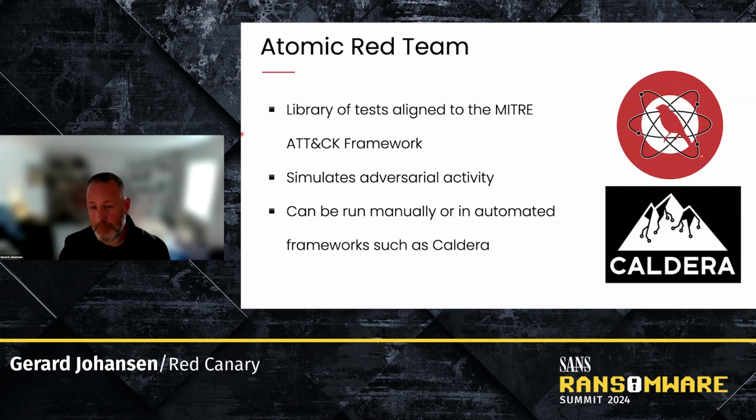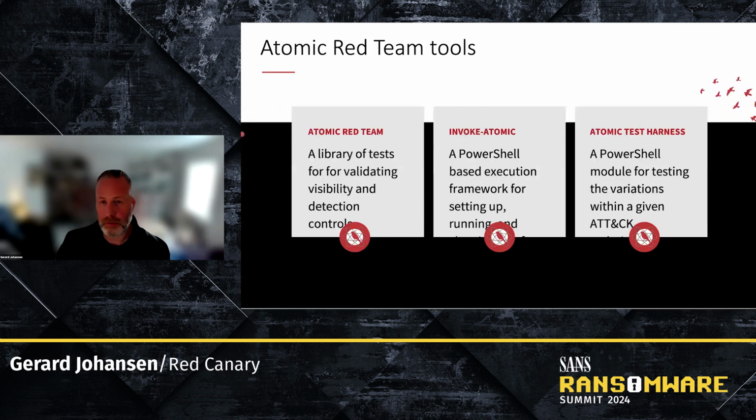This can be run manually, and we're going to show some manual processes, or in frameworks such as Caldera, which have Atomic Red Team tests built in. So if we're taking our threat intelligence and marrying it up to individual techniques, we're going to be able to pivot from there and address that detection and response piece.